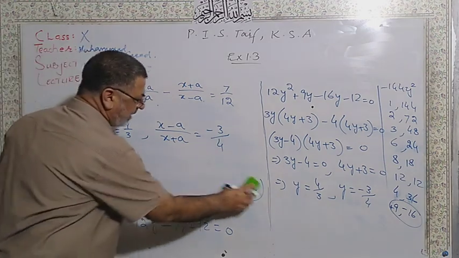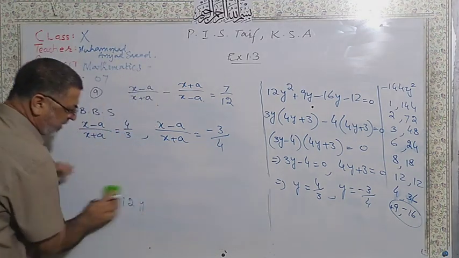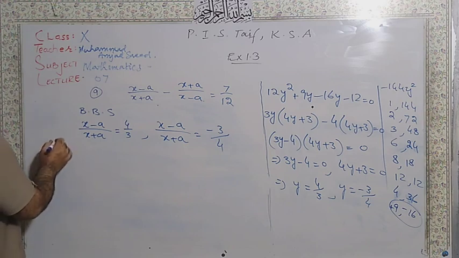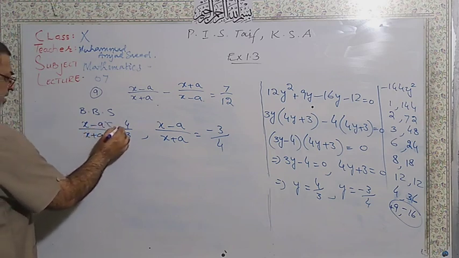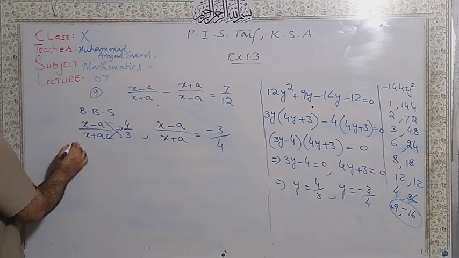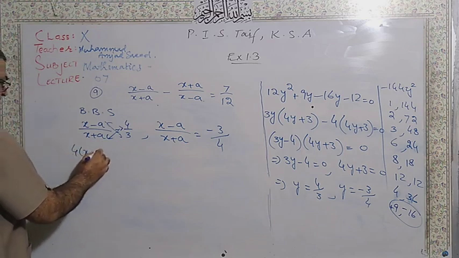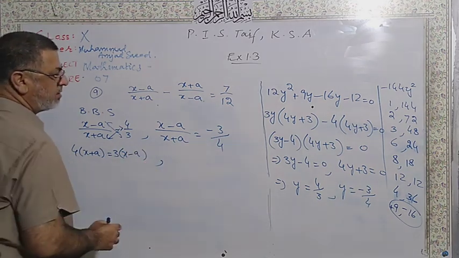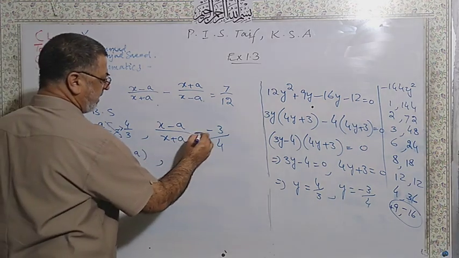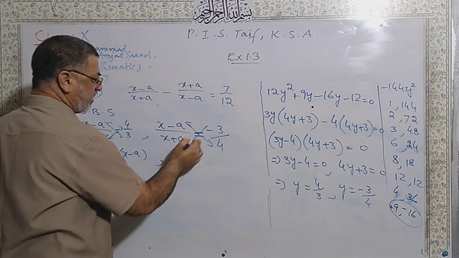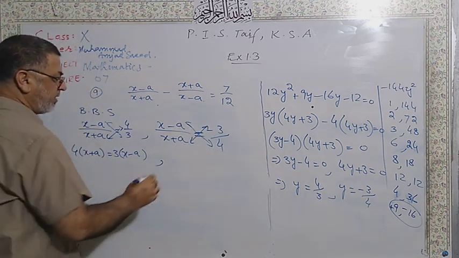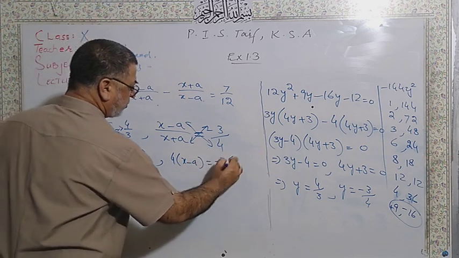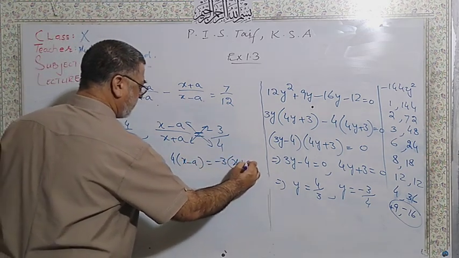Here we will find the value of the variable, which means the value of x. By cross multiplying, we will get 4 into (x plus a) is equal to 3 into (x minus a). Again cross multiplication gives 4 into (x minus a) is equal to minus 3 into (x plus a).